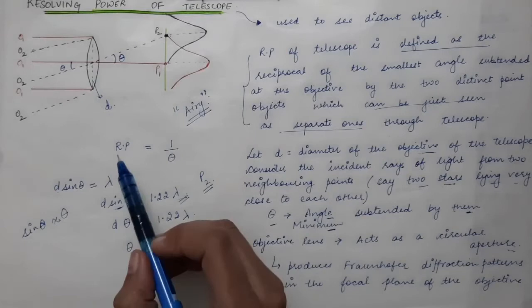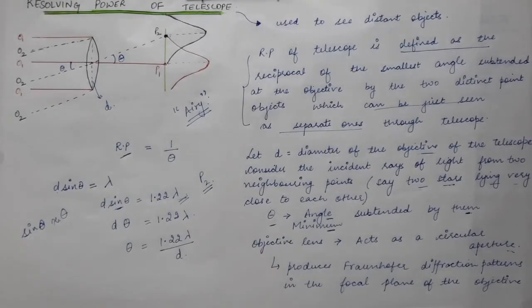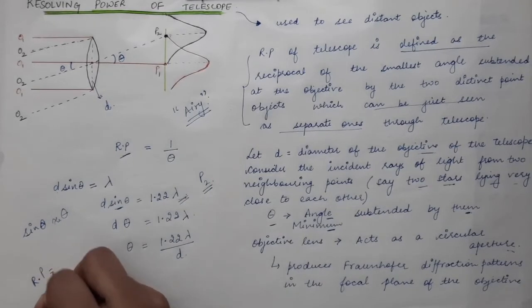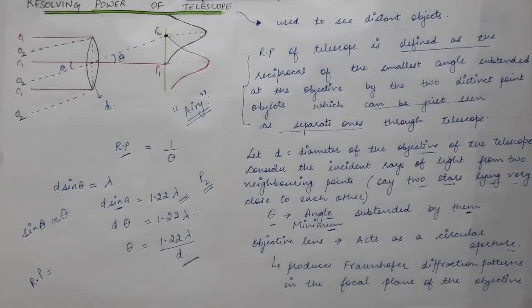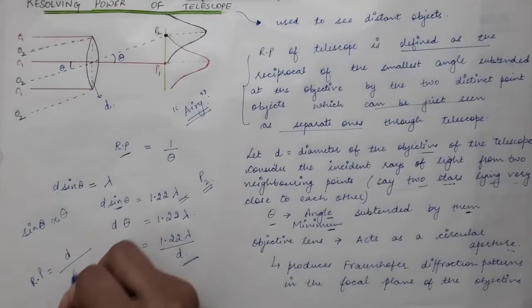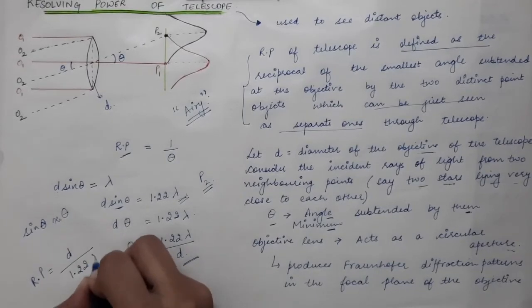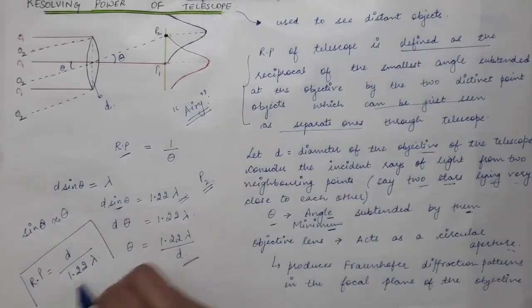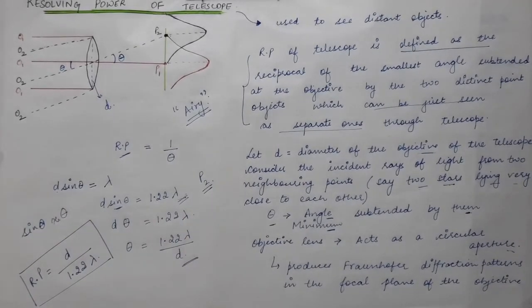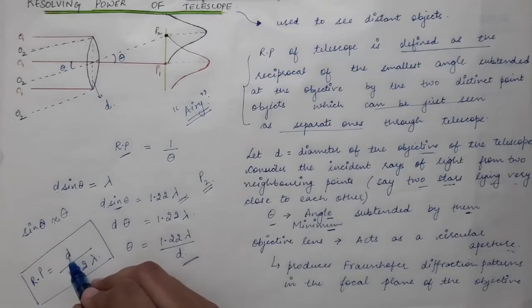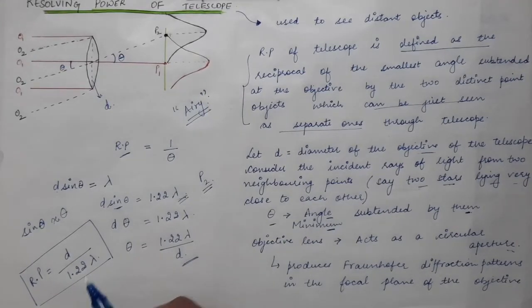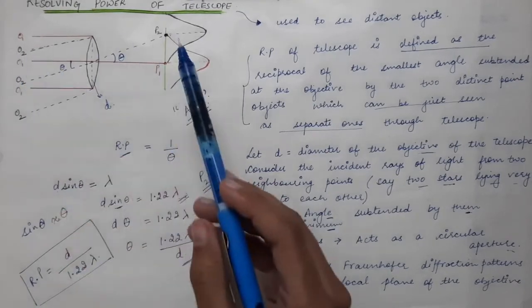And what do we want to find? We want to find the resolving power of the telescope. The resolving power of the telescope will be nothing but the reciprocal of this fraction. So it will be equal to d divided by 1.22 lambda. This is the final expression of the resolving power of any telescope, with d as the diameter of the objective lens and lambda as the wavelength of the light coming from the O1 and O2 objects.